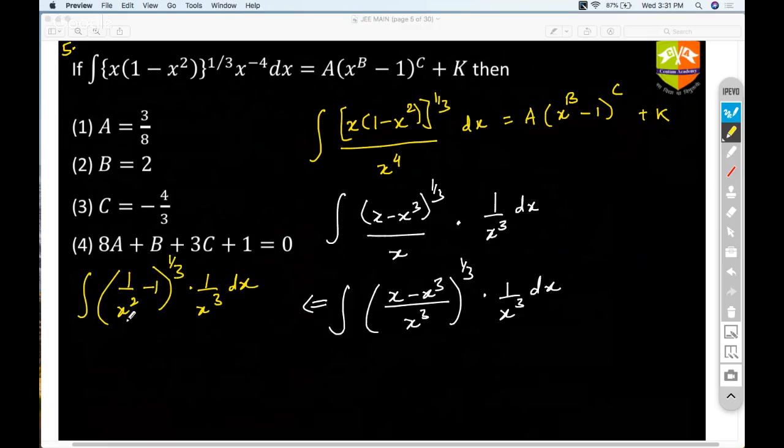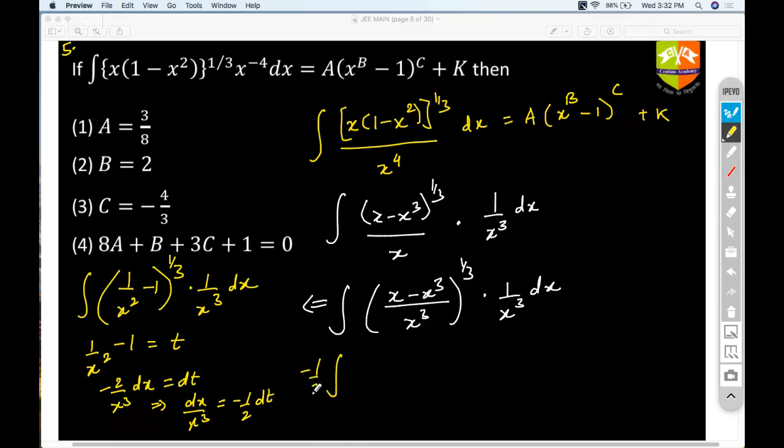Now let us do one thing. Let me take 1 by x square minus 1 as t. If we do that, negative 2 by x cube dx will become dt. That's nothing but dx by x cube will start acting as negative half dt. So this entire integral will convert to negative half t to the power 1/3 dt.